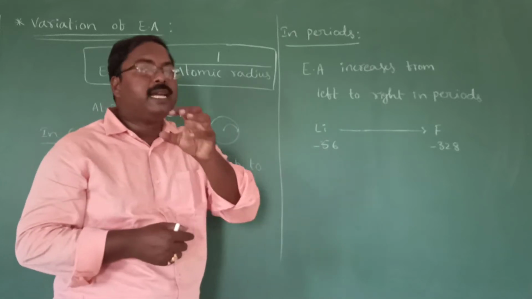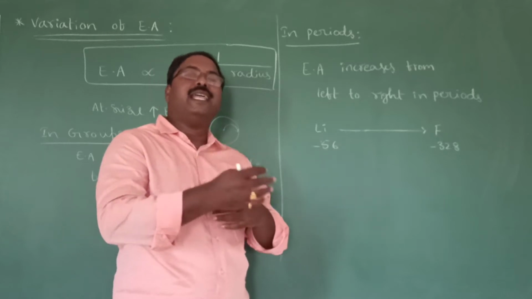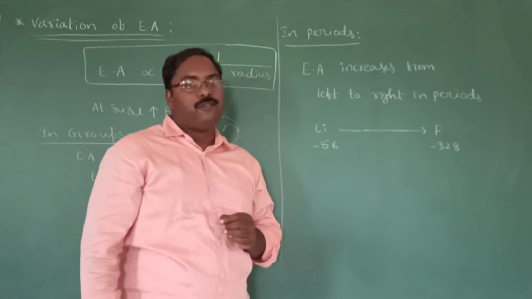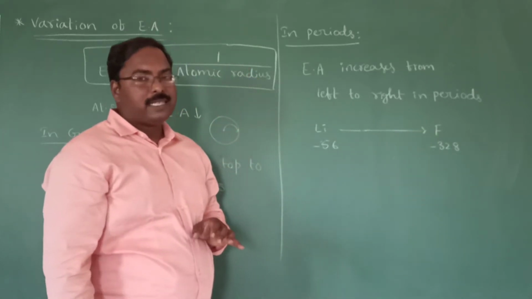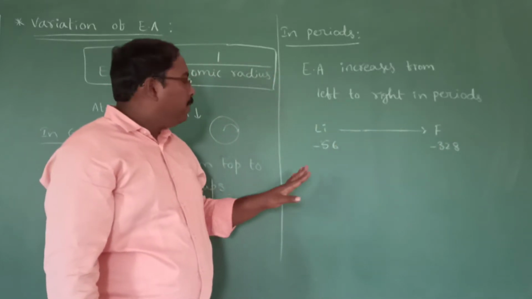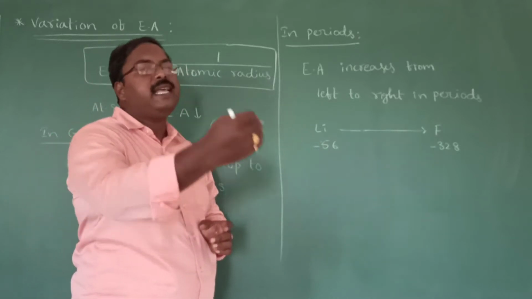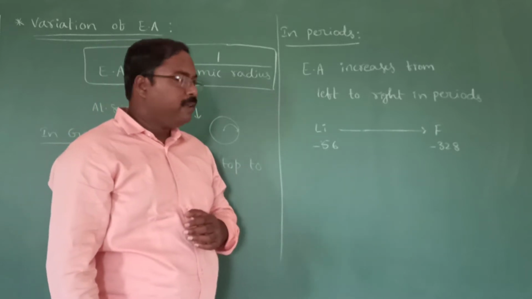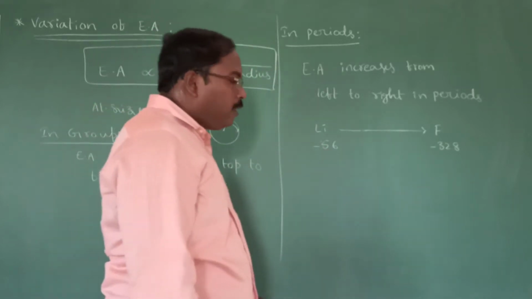To represent that, we are using the negative sign. You don't use your mathematical knowledge while deciding which has more electron affinity. If I ask which has more electron affinity, what will be your answer? It should be fluorine only. Forget about the negative sign, because that sign represents that energy is released since the process is exothermic. Don't get confused with the values.